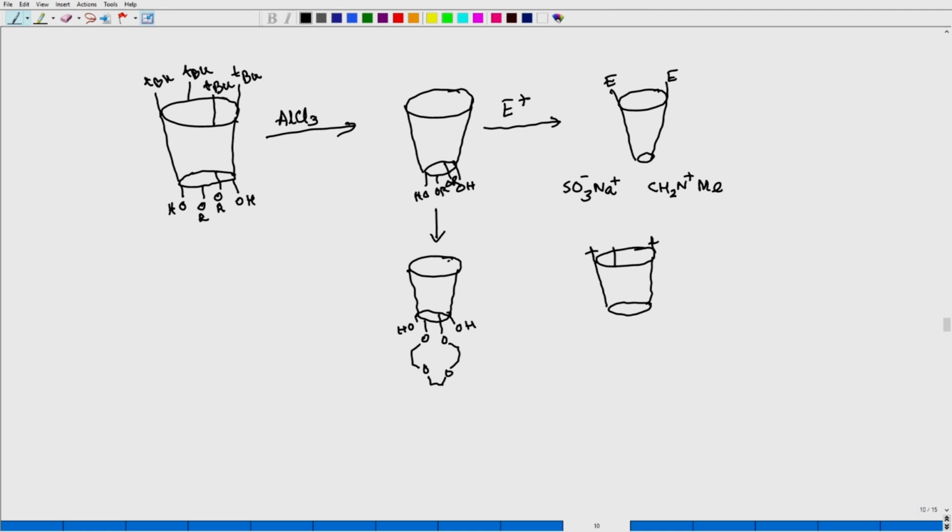We made this compound. Systematically, we can change this, not here, but here, and we can put a cryptand like that, or we can combine them.